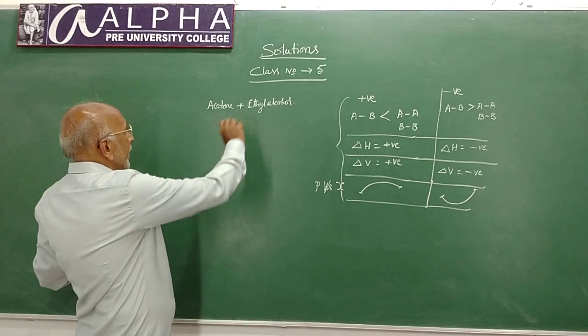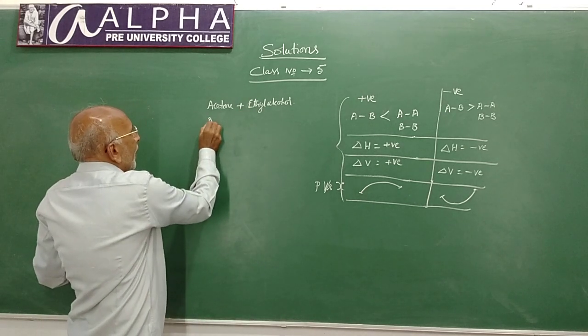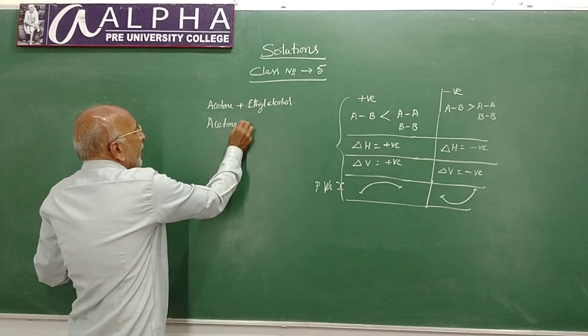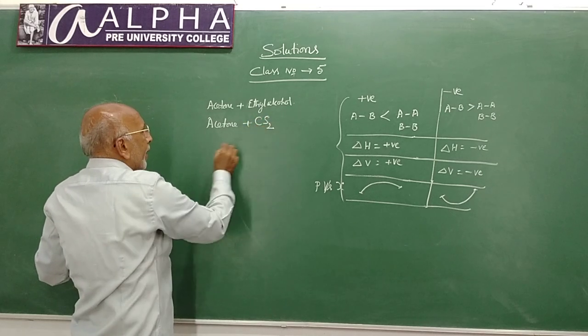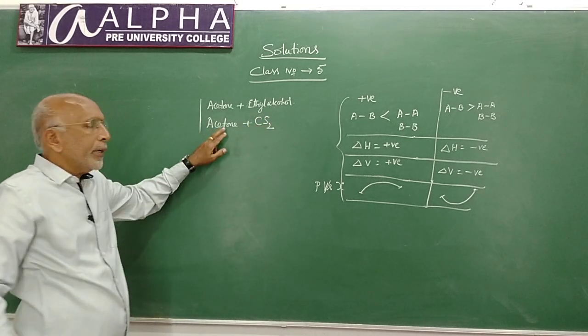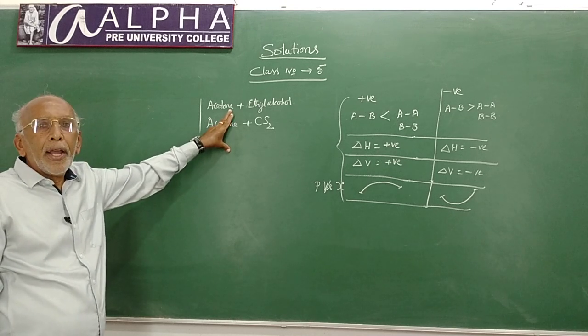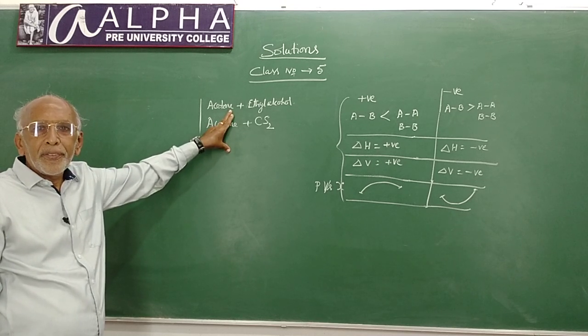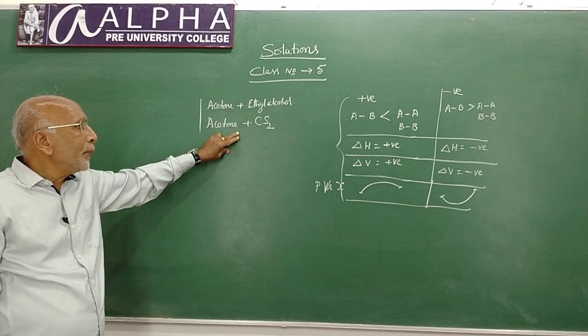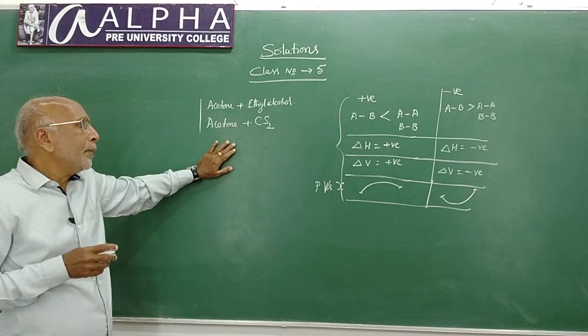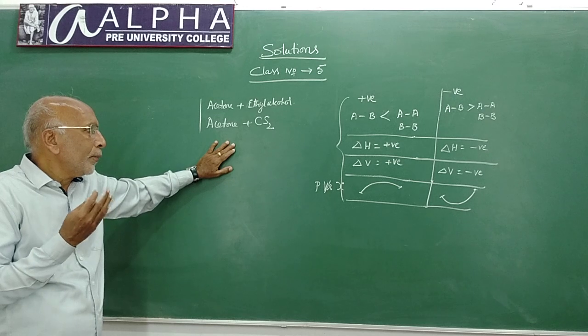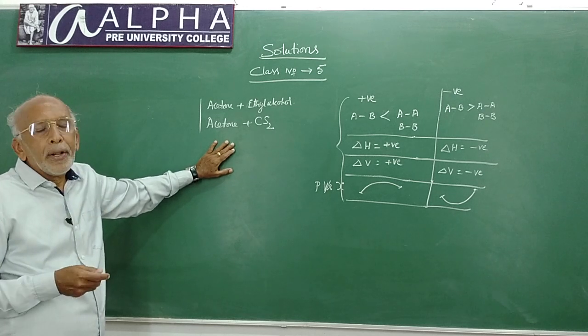The example for that is acetone in carbon disulfide. Here dipole-dipole interaction is reduced, whereas there hydrogen bonds are broken, which leads to positive deviation from Raoult's law.